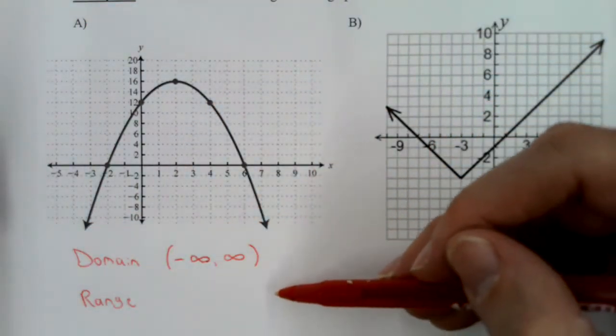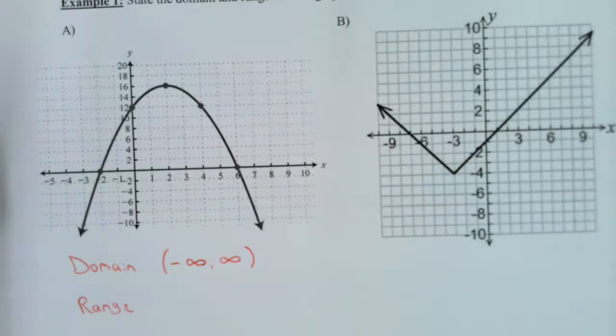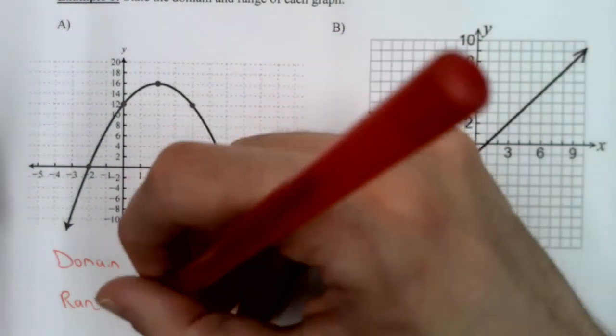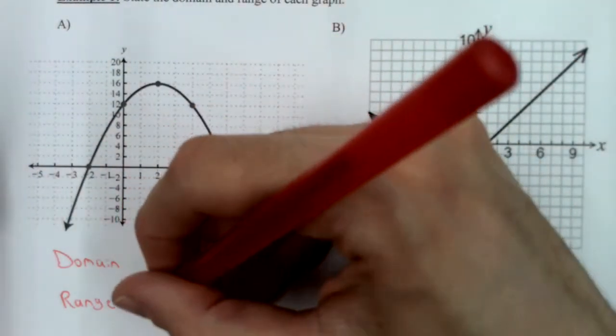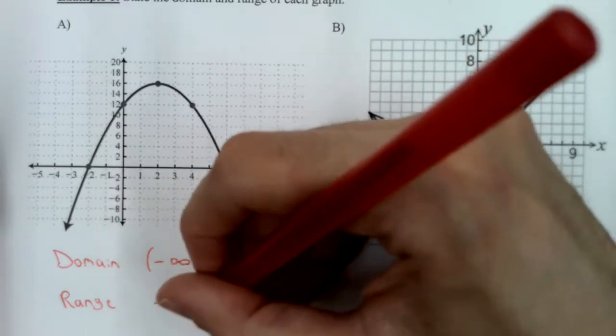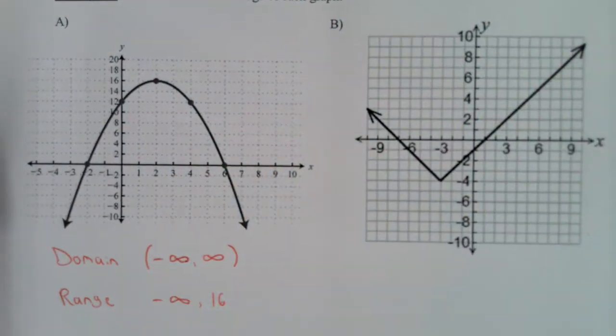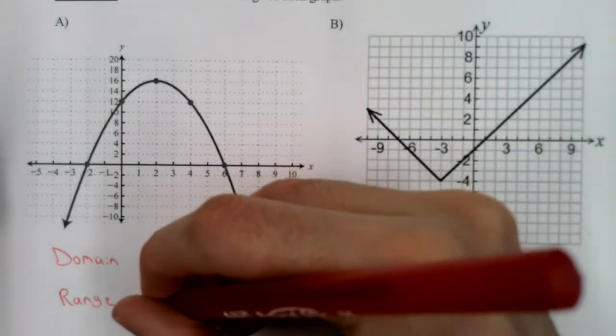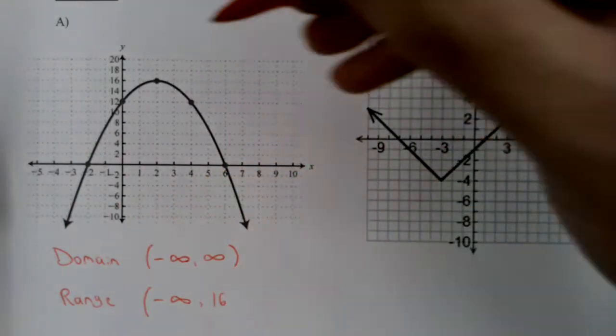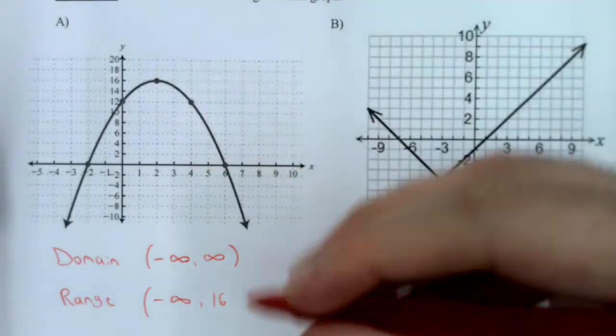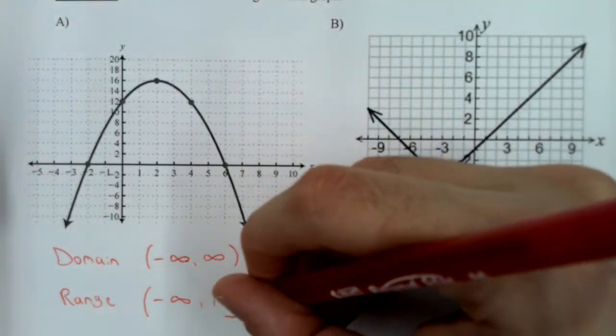So it's going from negative infinity all the way up to 16. So smaller number first. So I'm going to put negative infinity first. I'm going to put the 16 like that. You always put parentheses next to negative infinity and infinity. And since this 16 is a solid circle, I'm going to put this symbol next to 16.